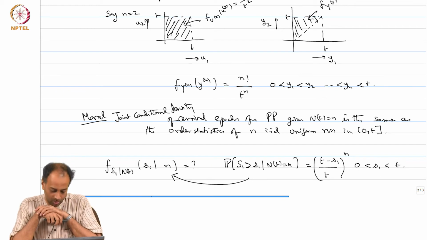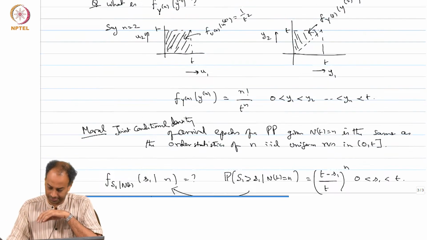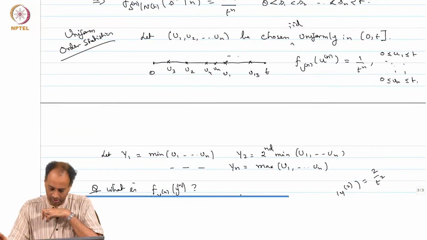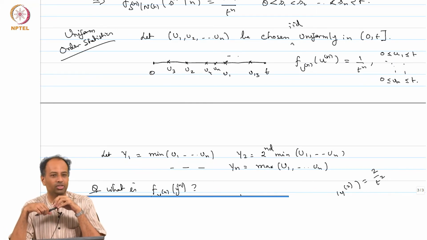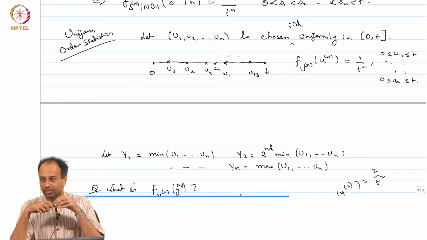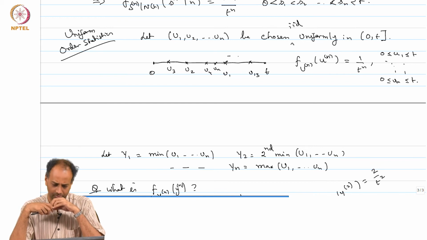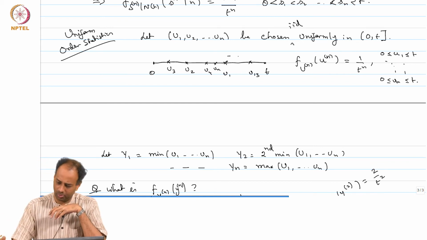Now that you have the joint density of S1 through Sn given N(t) equal to n, you can also get the joint density of X1 through Xn, okay, given N(t) equal to n. Would anything change really?